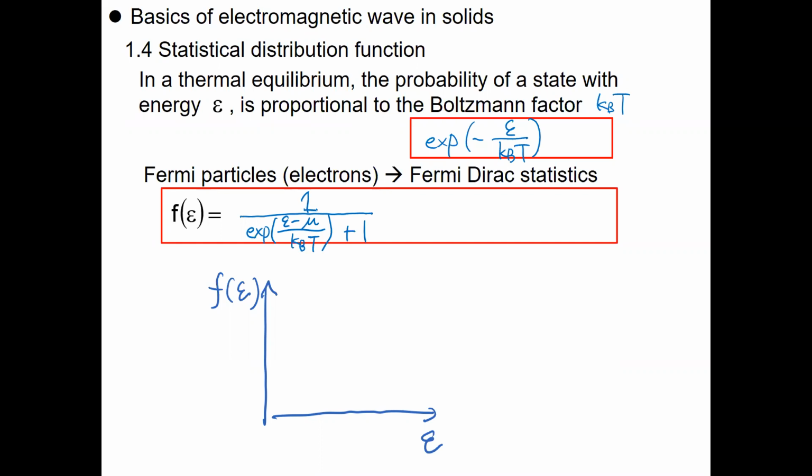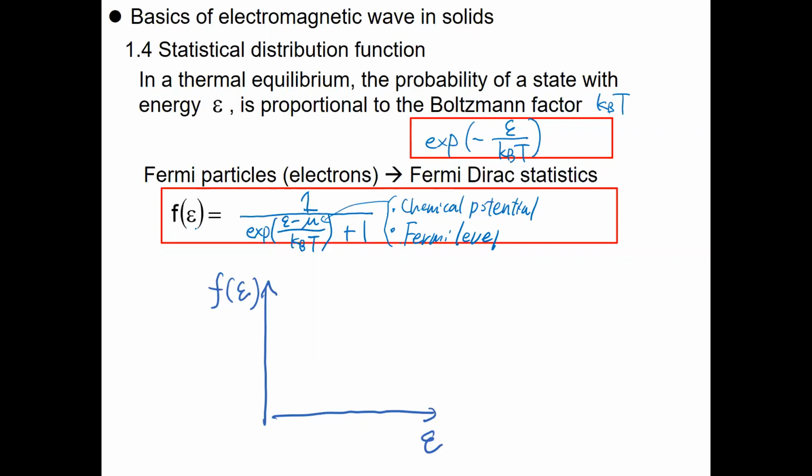For a chemistry student, maybe you can be more comfortable saying this mu is a chemical potential, but for a physics student, it's the Fermi level. So, centered at the Fermi level, this function means the ratio of electrons staying at the energy level of epsilon.